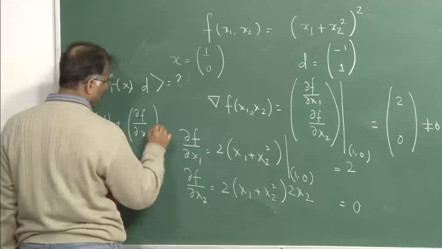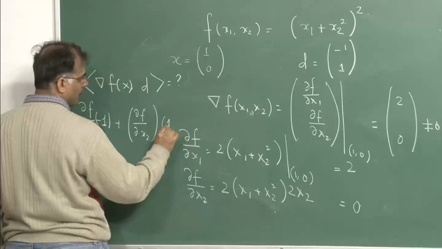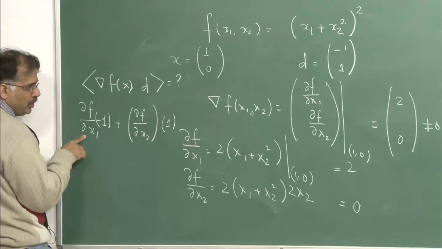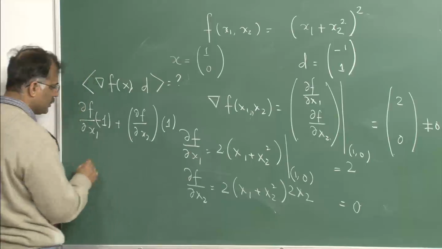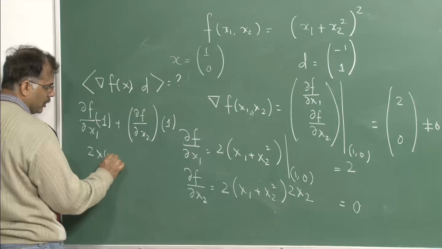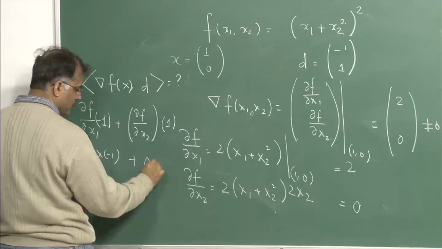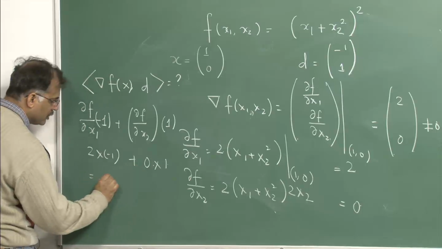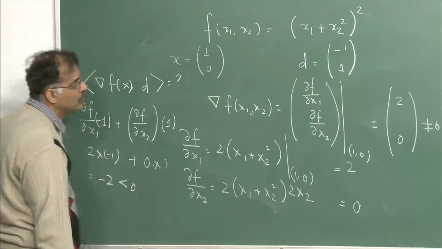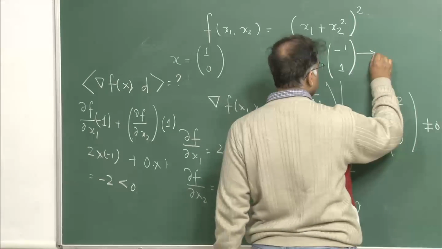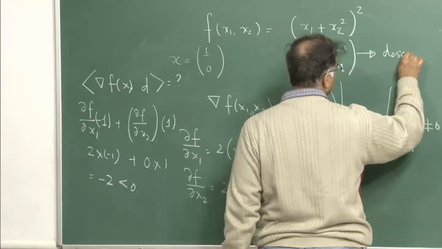Del f by del x1 at (1, 0) is 2, into minus 1, and del f by del x2 at (1, 0) is 0, so 0 into 1. So what I get is minus 2, which is strictly less than 0, showing that this is indeed a descent direction.